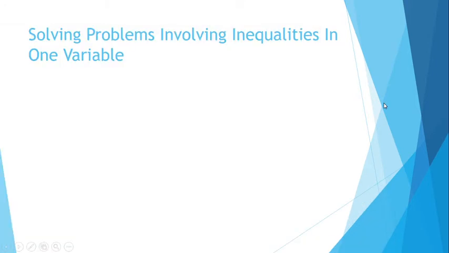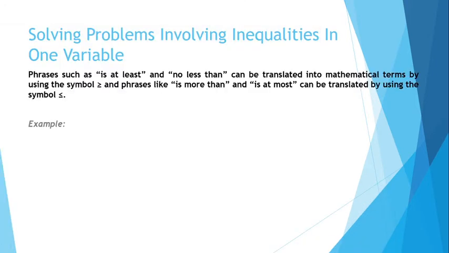Next, solving problems involving inequalities in one variable. Phrases such as is at least and no less than can be translated into mathematical terms by using the symbol greater than or equal to, and phrases like is no more than and is at most can be translated by using the symbol less than or equal to.